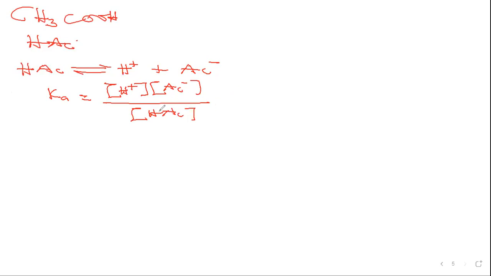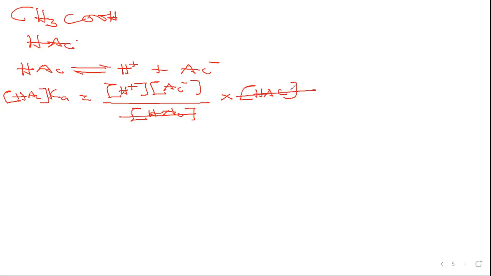This is what you have for Ka. But our attention is to find the pH of the solution. It means we have to make H plus the subject. So I can multiply through by the concentration of the acetate anion, and multiply here too by the same thing.